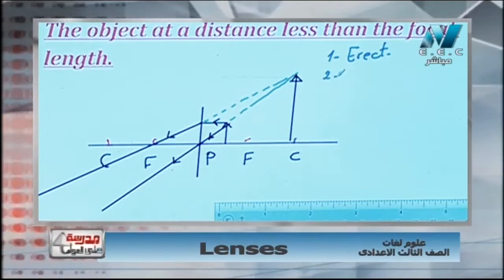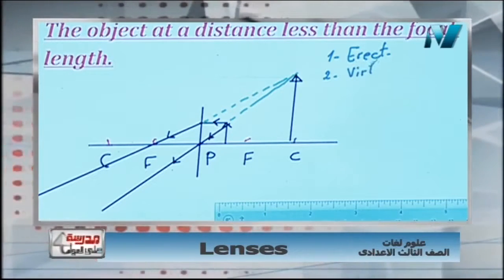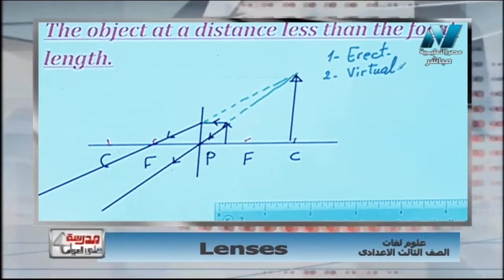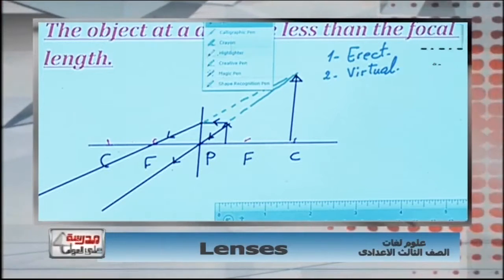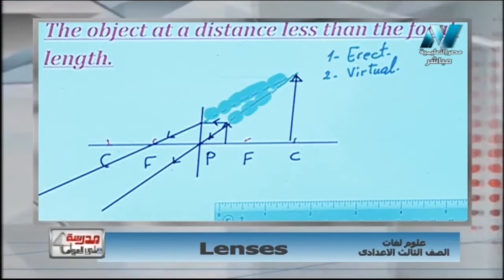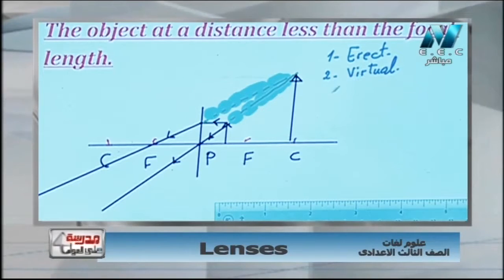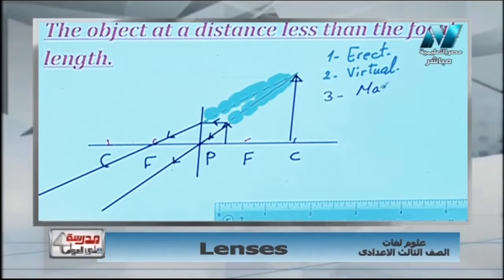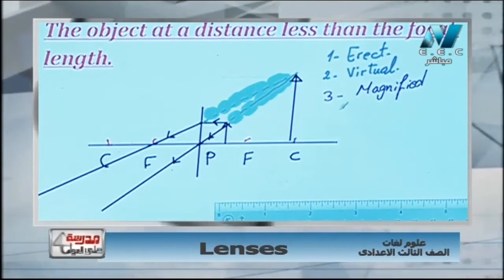But at the same time, the image is virtual, which means it can't be received on a screen, because it is formed due to the intersection of extensions of the refracted light rays. So the image is virtual. Number three, the image is magnified, which means greater than the object in size.